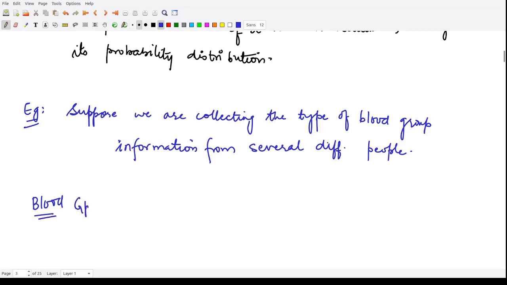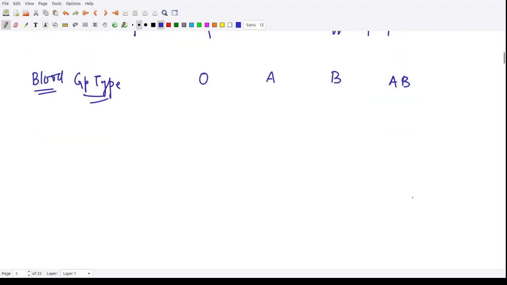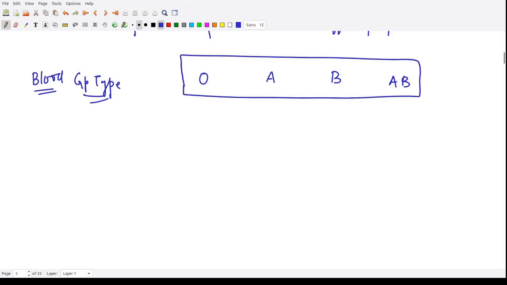So blood group type, it would be either you have blood group O, or you have it A or B or AB. So associated to that what is the probability? So you go to different people, ask their blood group type. Suppose we are in some institution, and there we are talking to every member that is a part of that institution and noting down what is their blood group. So accordingly you obtain some number here.